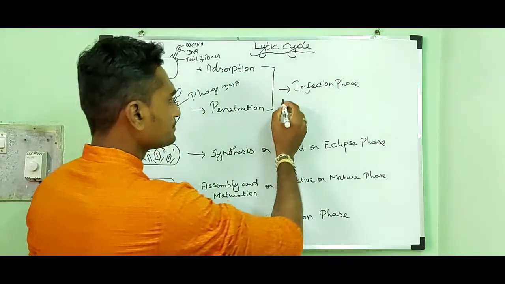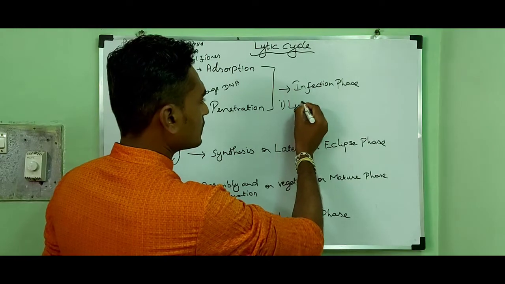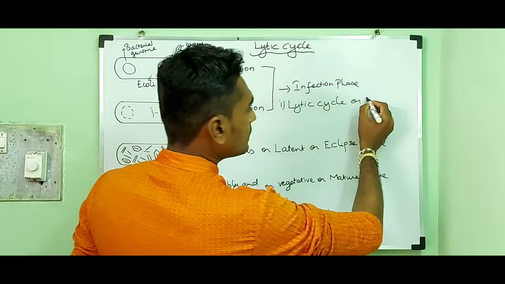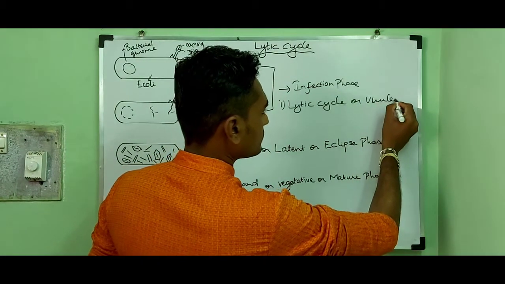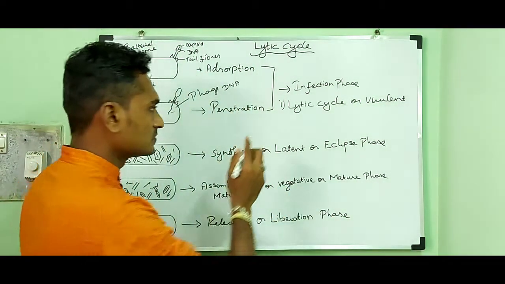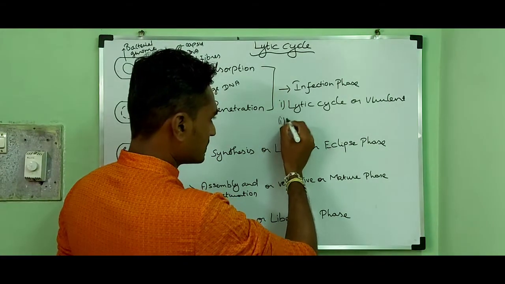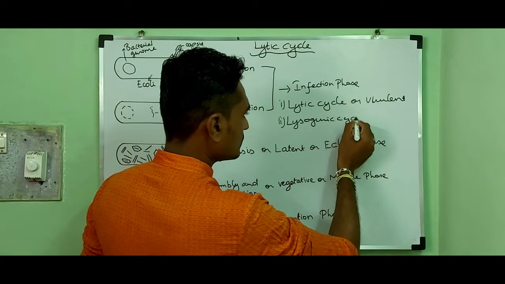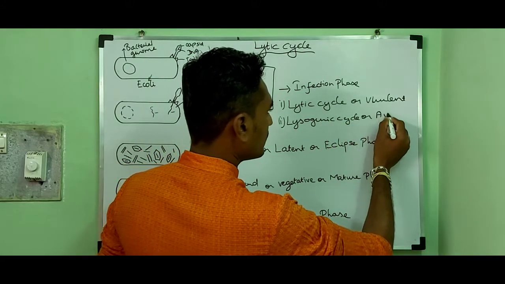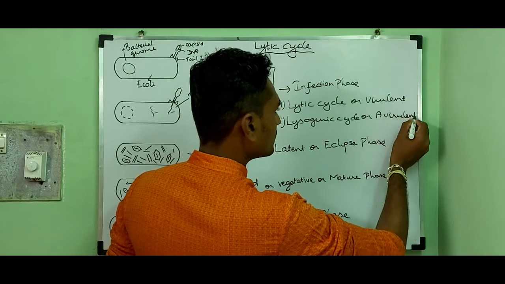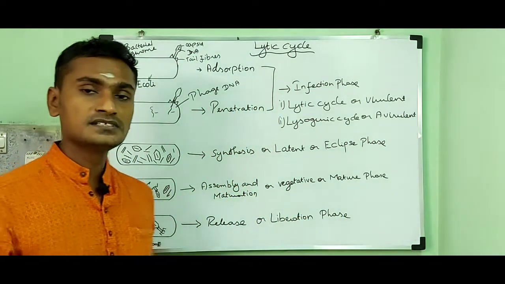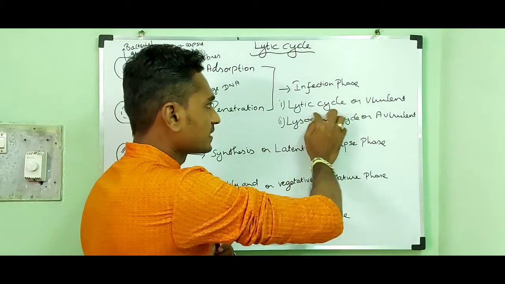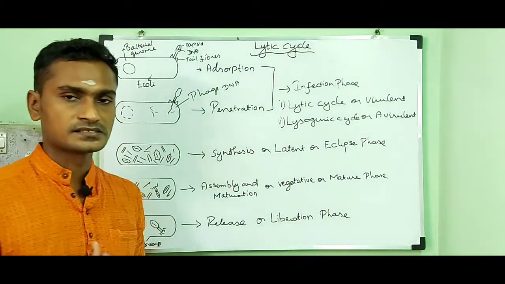They are the lytic cycle or virulent cycle, and the second type is the lysogenic cycle or avirulent cycle. In this video, we are going to first discuss the lytic cycle or virulent cycle.